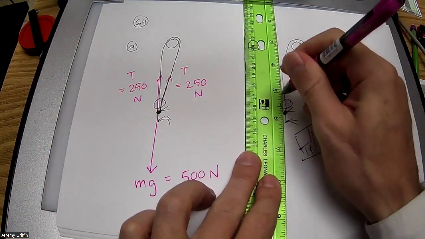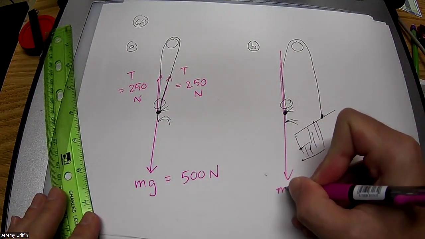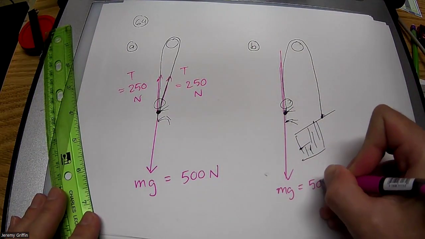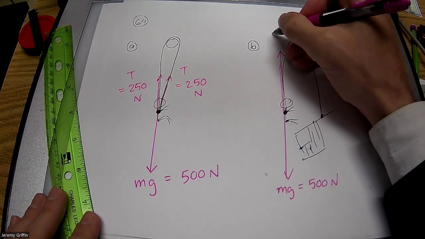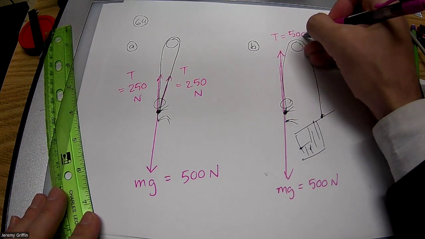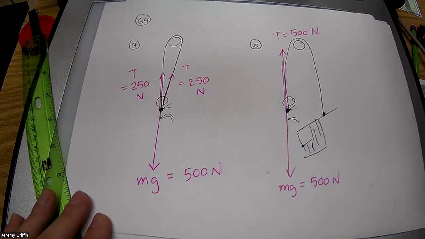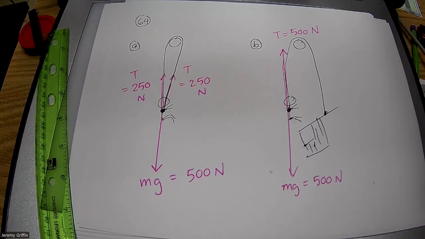All right, but over here, it has the same weight. mg is still 500 newtons. Now what's the tension in the rope? 500 newtons. All right, so there you go. That'll answer that one.